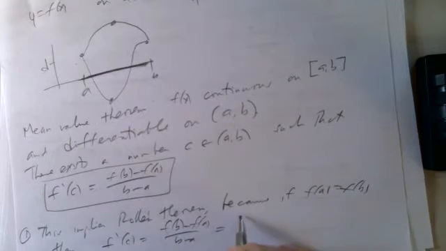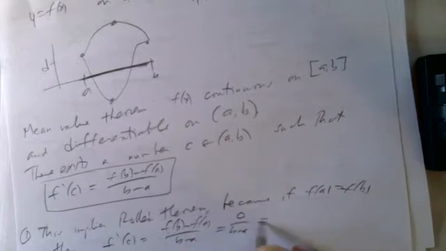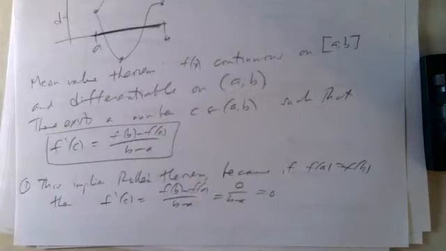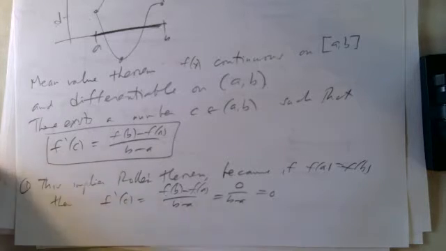If f of a equals f of b, this is 0 over b minus a, which is 0. So in the case when the function takes on the same value at the endpoints of the interval, you get a point c in the open interval where the derivative is 0. And in fact, if you're clever, you can prove the mean value theorem using Rolle's theorem.